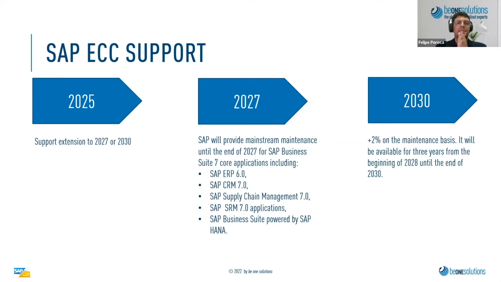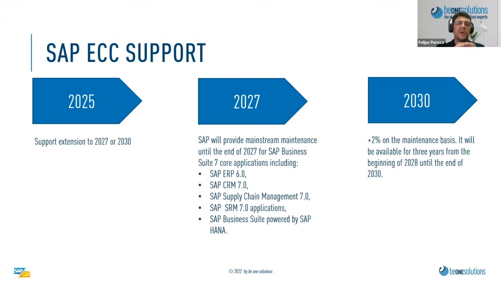Well, I want to give you some visibility in terms of what are the next steps in terms of SAP S/4HANA. And here, guys, my focus is really on customers who work with ECC, right? I'm not talking about legacy systems, but it's really ECC customers.